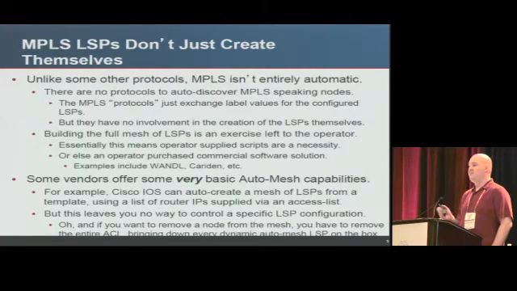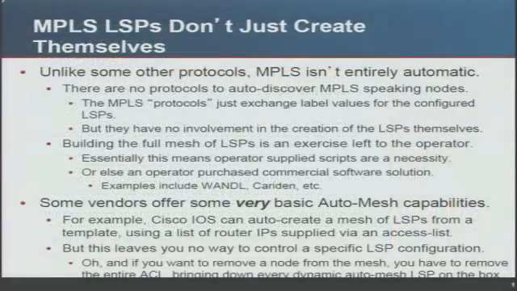The problem is it turns out to be very, very basic. So say, for example, Cisco IOS, you can create a mesh of LSPs from a template. The template turns out to be an access list, the type of access list that you can't remove a single entry from without nuking the entire entry. You have no capability to do multiple parallel LSPs. It's very, very simplistic.